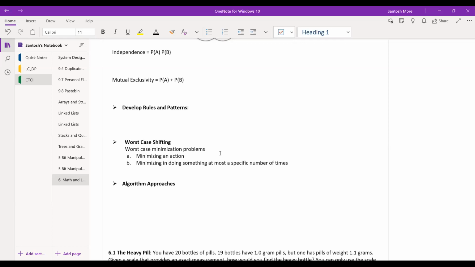The balance only says which side is heavy, the left side or the right side. If they are the same, it will show equal, right? If you are allowed to use the balance only twice, how are you going to solve this problem?